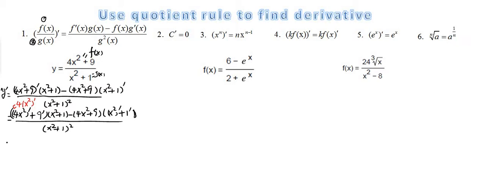So we have 4 times 2x to the power 2 minus 1, plus the derivative of 9, which is a constant, so it should be 0.